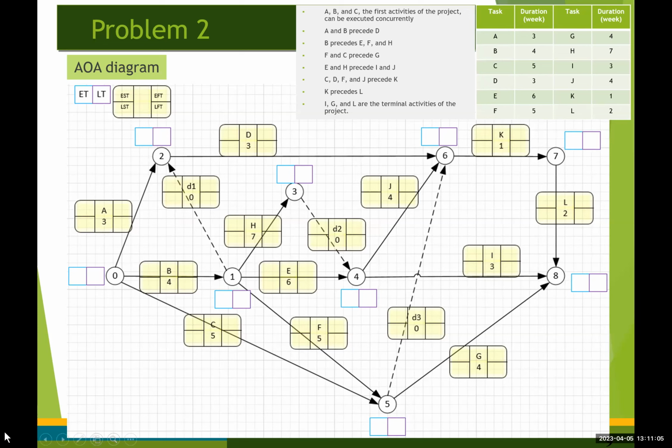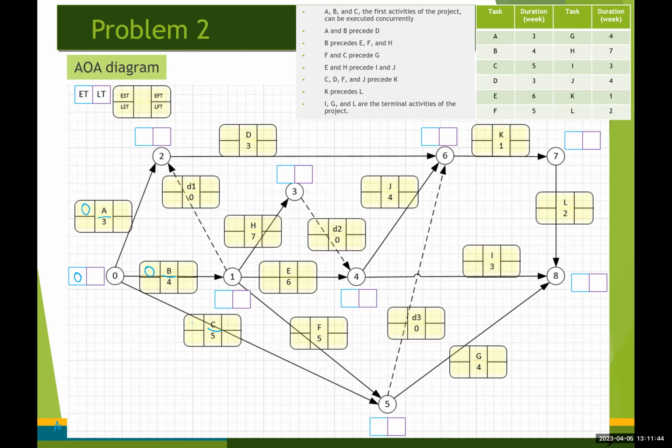Okay, so let me change the color of my pen. Okay, so starting at time t equals 0, the earliest time for activity A and B and C, all three of them, the earliest start time is going to be 0, right?